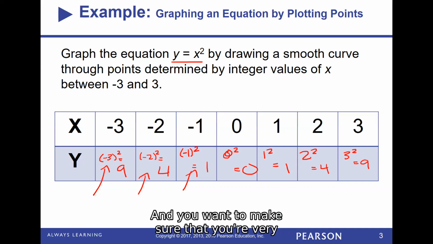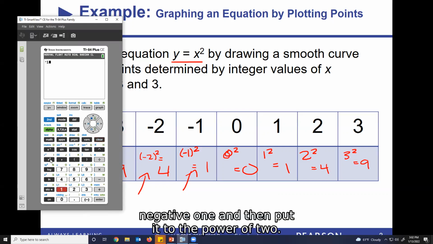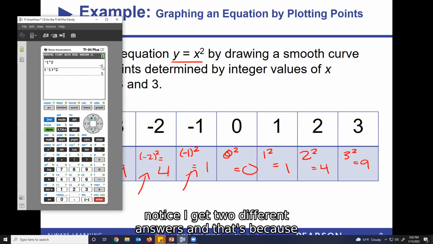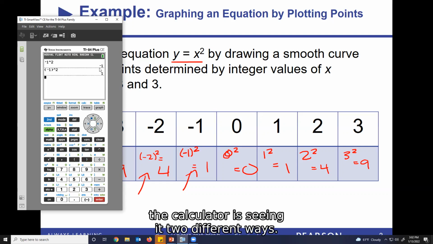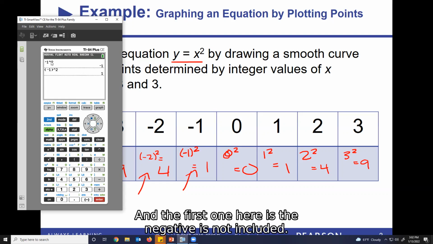You want to be very cautious with this when using the calculator as well. If I type in -1 and then put it to the power of 2, and then if I use parentheses around it and put it to the power of 2, you'll notice I get 2 different answers. That's because the calculator is seeing it 2 different ways. In one, the negative is included with that power, and in the other, the negative is not included.